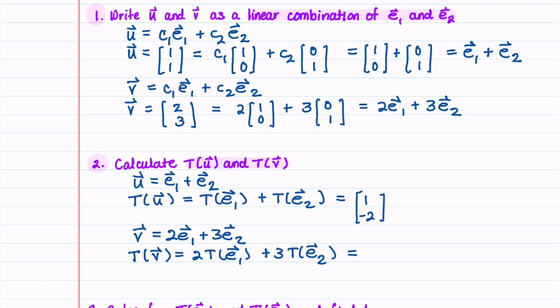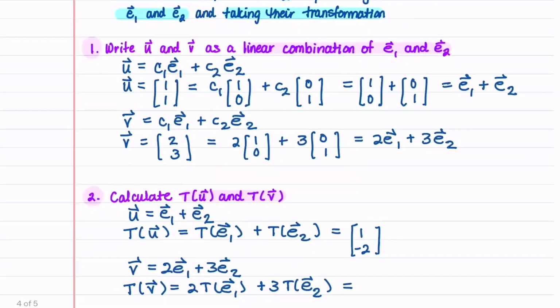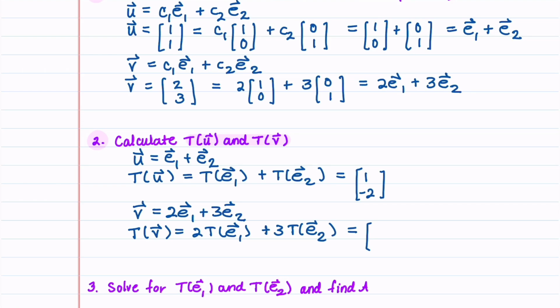Let's now look back up above, and we see that T of V is equal to -2, 5. So this expression is -2, 5. I'm going to highlight these two equations. That's our first equation, and this is our second equation. We'll label this one as equation 1 and this one as equation 2.